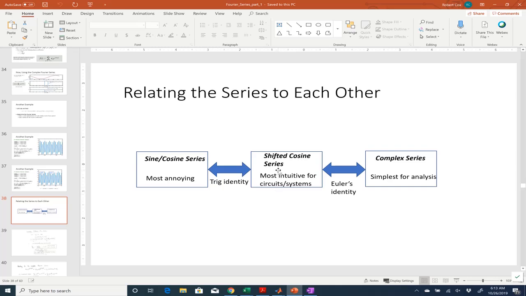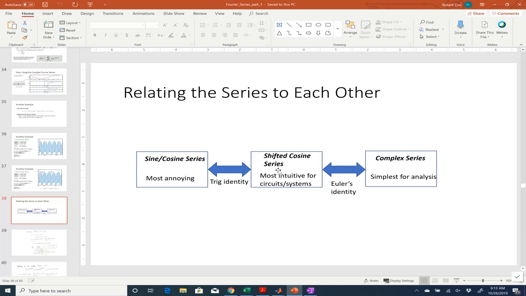Because if I put a cosine waveform as a voltage into a circuit consisting of R's, L's, and C's, the output voltage or output current of that circuit is simply going to be shifted and scaled. It's going to be another cosine function that's been shifted in phase and scaled in amplitude. So it's the most intuitive for understanding what's going to happen in a circuit.